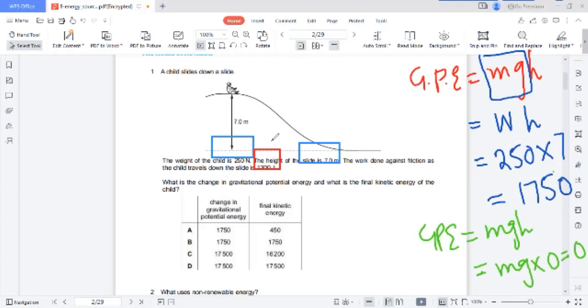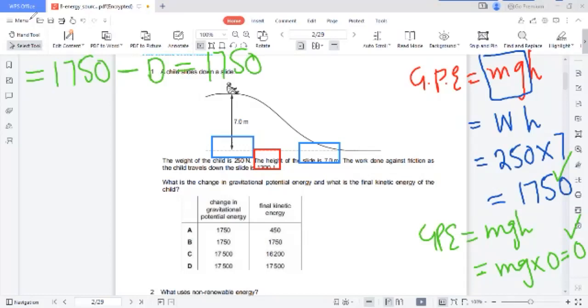At top, its gravitational potential energy is 1750. Here it is 0. So the change in gravitational potential energy would be the difference between them. So overall, the change in gravitational potential energy is 1750.